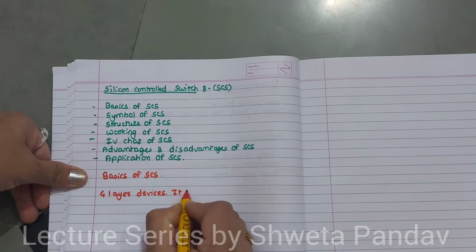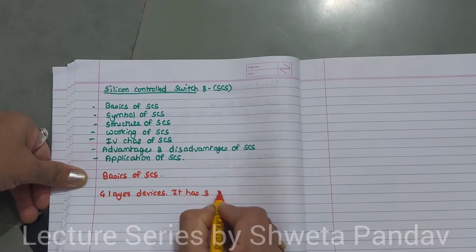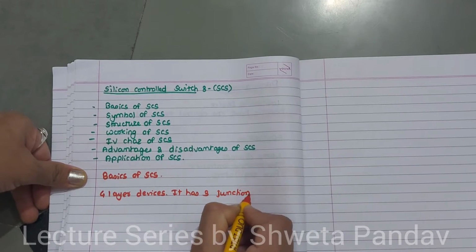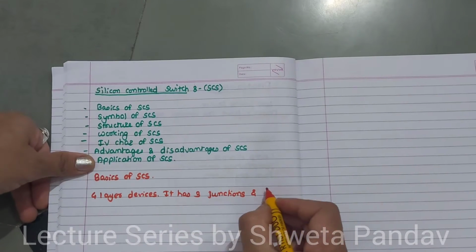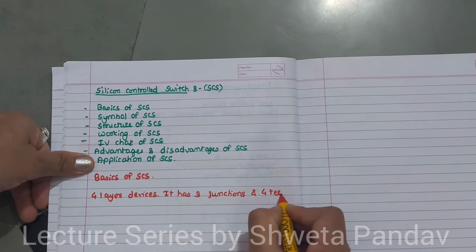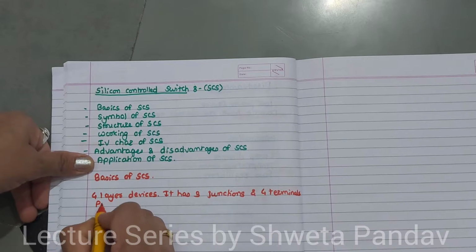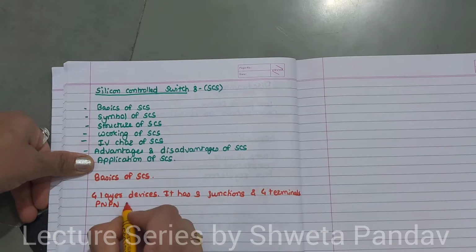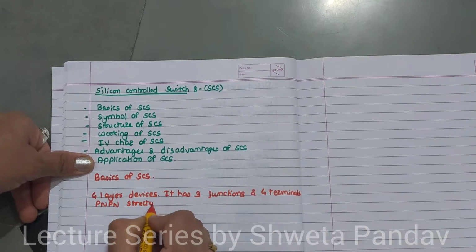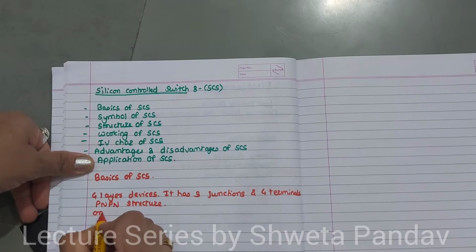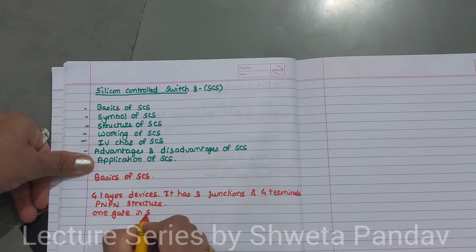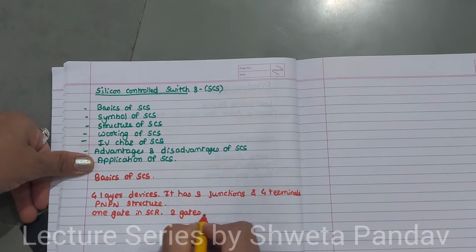It has 3 junctions and 4 terminals. Normal SCR has a PNPN structure, and it has only one gate, while in silicon controlled switch we are having 2 gates.